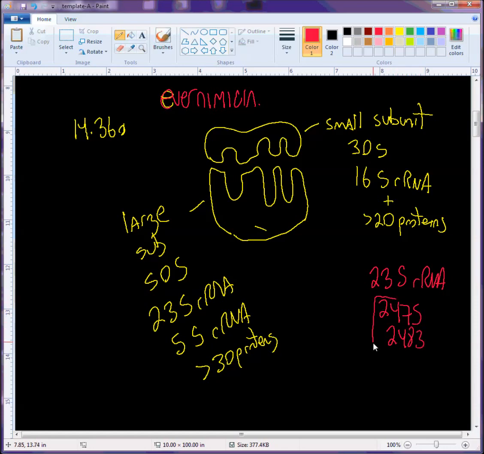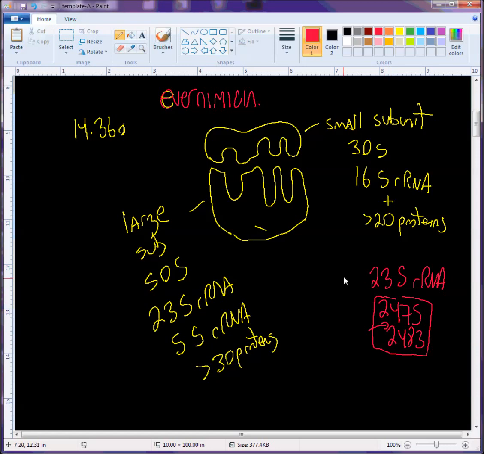I guess this is a long ribosomal RNA molecule, over 2483 nucleotides long. And mutations that occur between these positions in the ribosomal RNA make the ribosome less sensitive to this antibiotic.